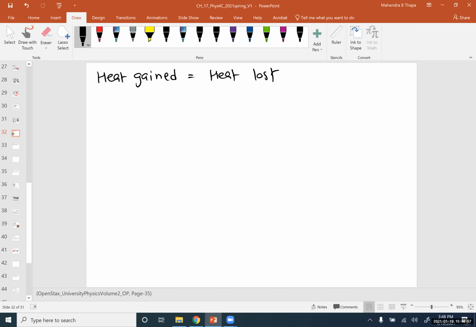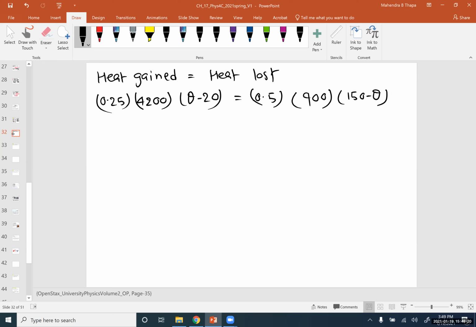So we can put it all together: 0.25 times 4200 times (theta minus 20) equals 0.5 times 900 times (150 minus theta). You have to do some algebra. After doing the algebra, your theta value will be 59.1 degrees Celsius. So this is your answer.